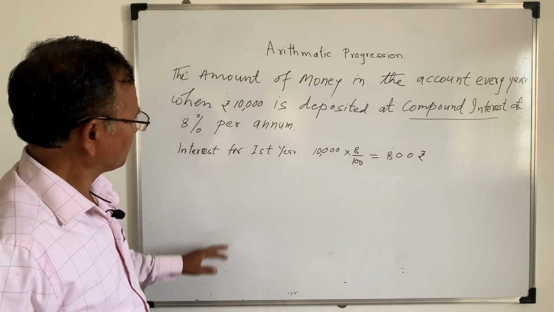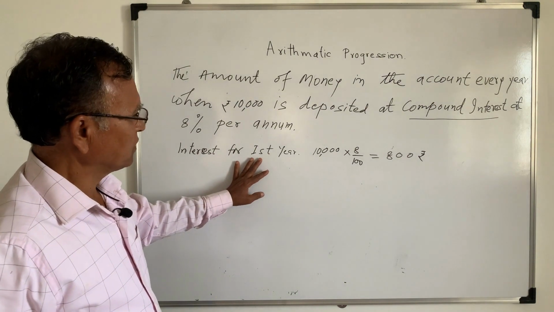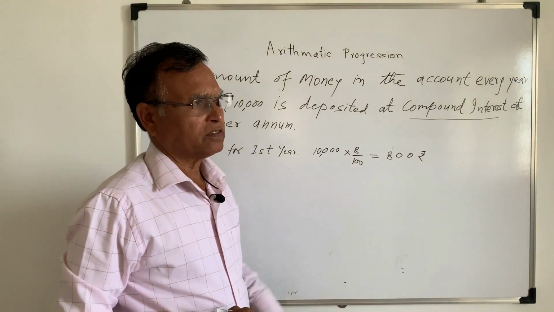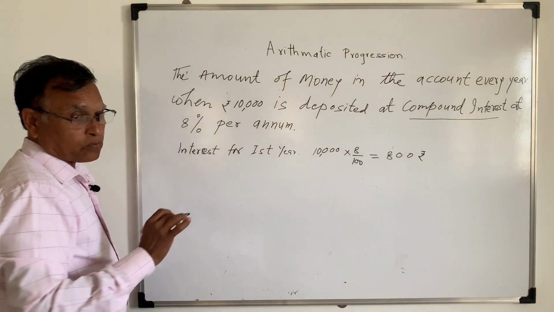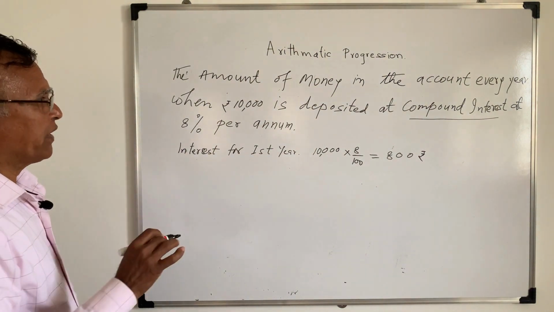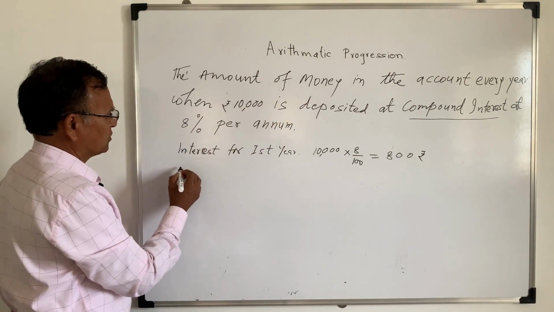Okay. So at the end of the first year, the interest will be 800. That 800 rupees you have to add to the principal amount 10,000.